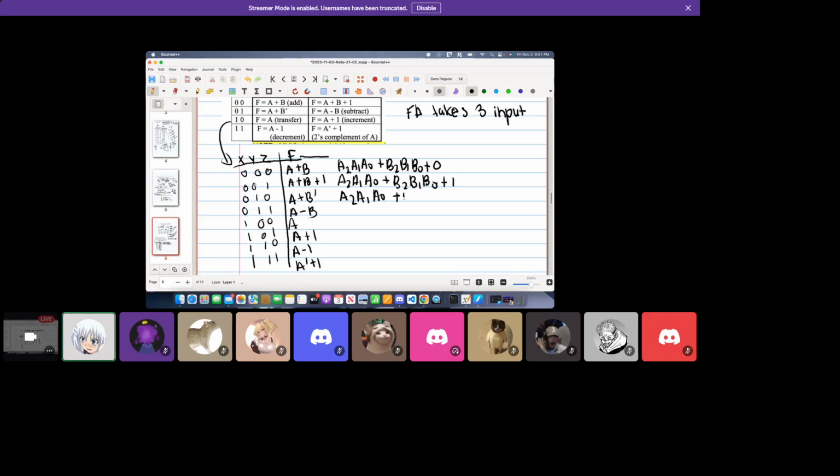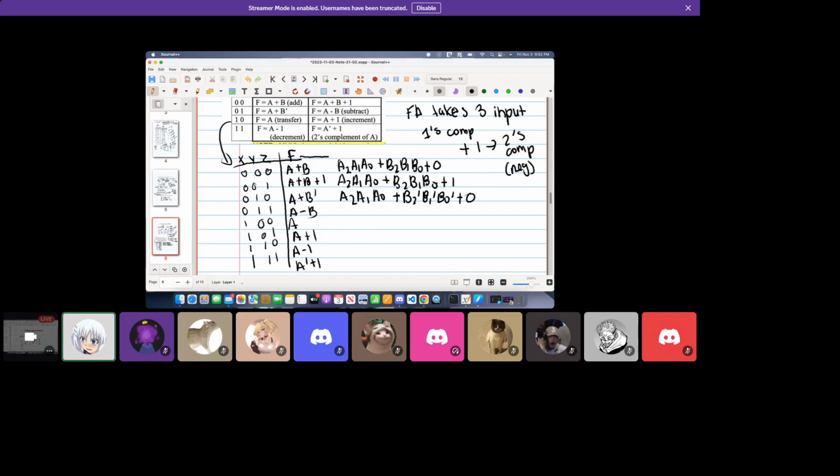Now we're just adding the complement. B2 prime, B1 prime, B0 prime plus 0, and then minus. So if you take the 1's complement and you add 1, it's the 2's complement, which is a relationship we kind of learned in first year, but we delved deeper into this year. 2's complement is negative.